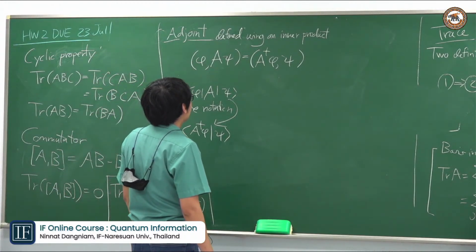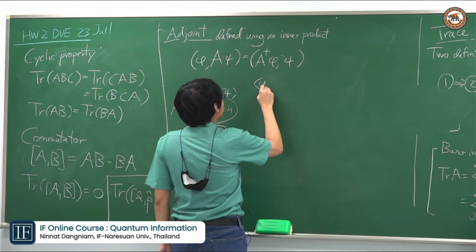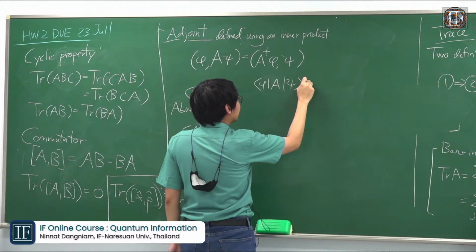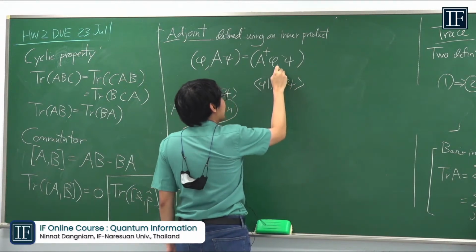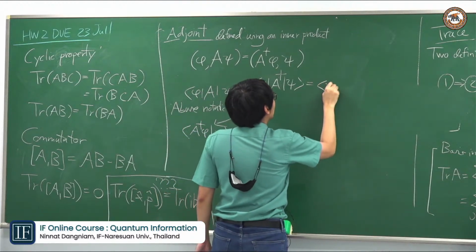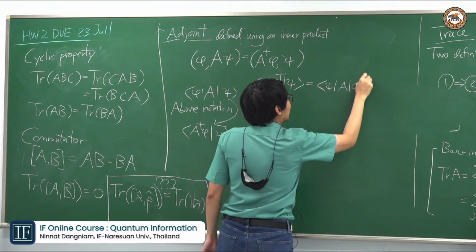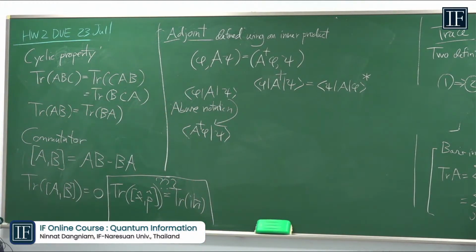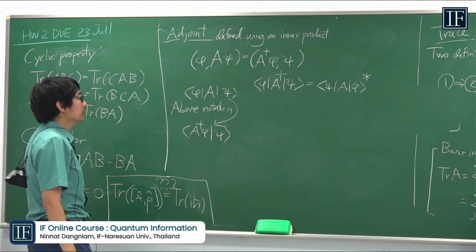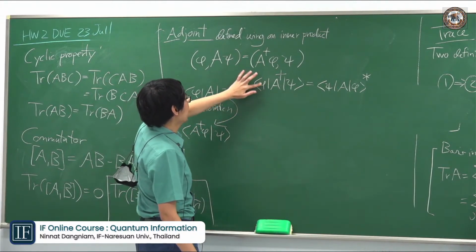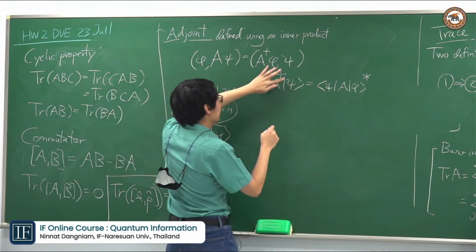So if I want to write this, one way to write it is this, which is a bit of the opposite way. Or if you want this to be consistent with the other line, I can just swap the two.